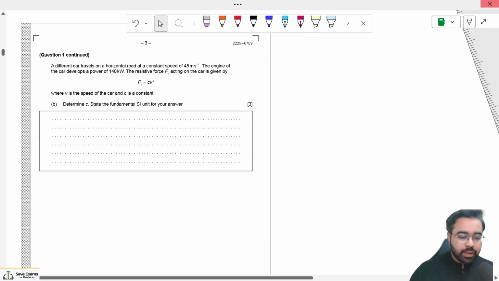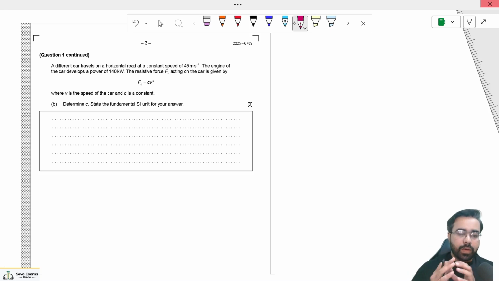Now here comes the second part, where we will discuss the resistive forces. How do they affect the power, and how can we find the speed? Let us find it. In this question, they are saying that there is a different car traveling on a horizontal road at a constant speed of 45 meters per second.